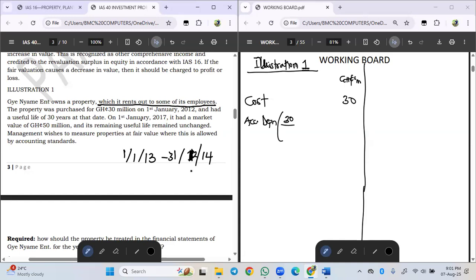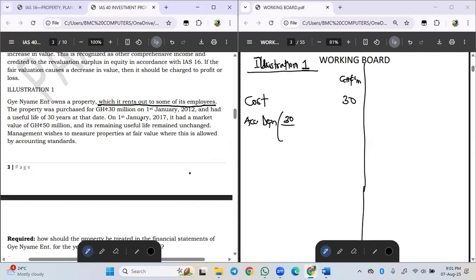No, it's 2 years. Because from 1st January 2013 to 31st December 2013 is 1 year, and also 1st January 2014 to 31st December 2014 is another year. So please, sometimes let's look at the months and all that. Good. So this one is 5 years later.